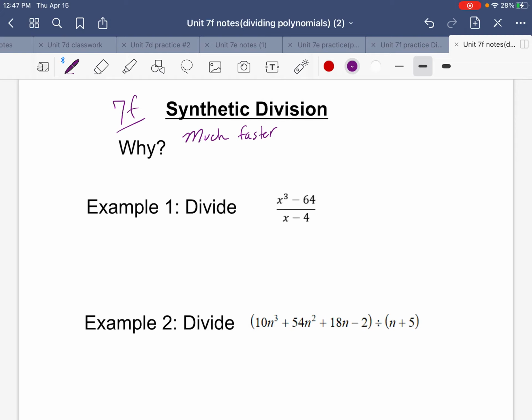Sometimes it can have fractions though, but if the divisor, what you're dividing by, has just a variable plus a number or a variable minus a number, so there's no coefficient in front of the x, then you can do synthetic very easily, very quick, and let's get started.